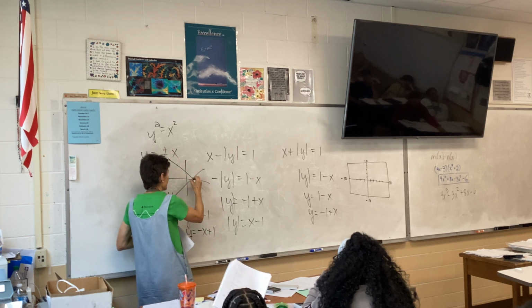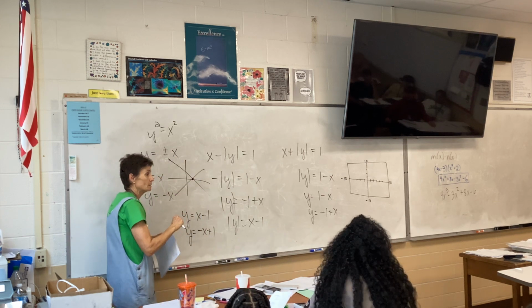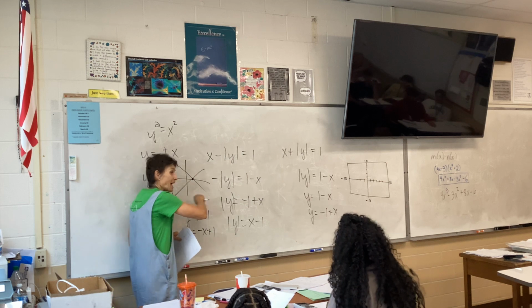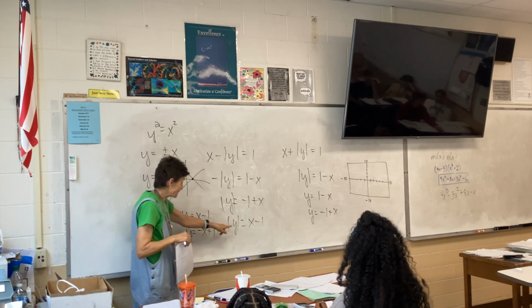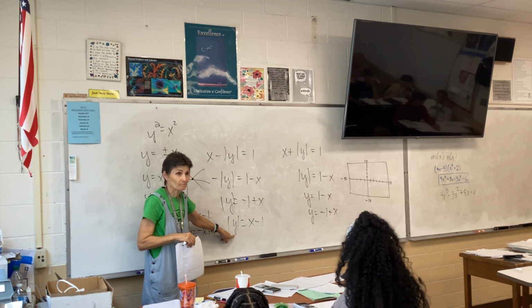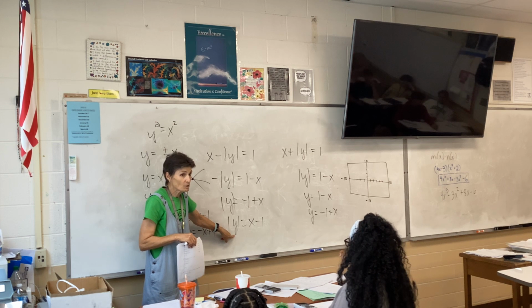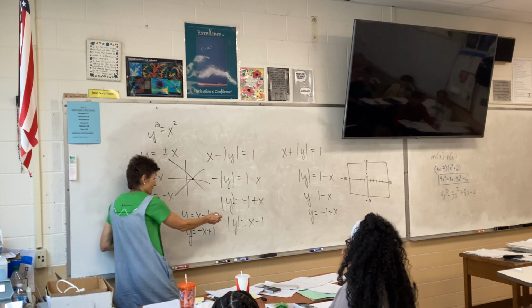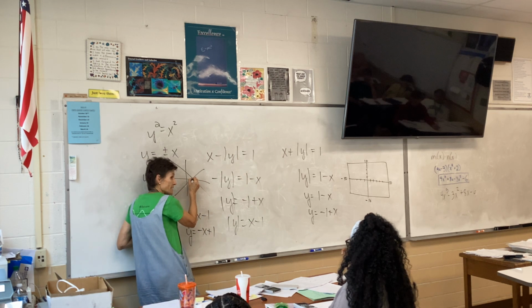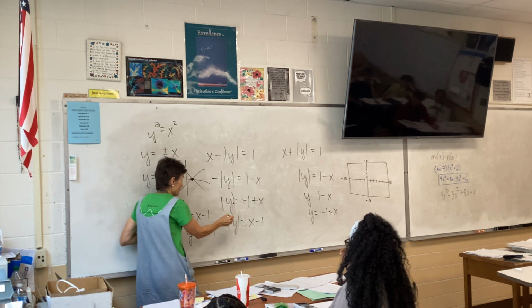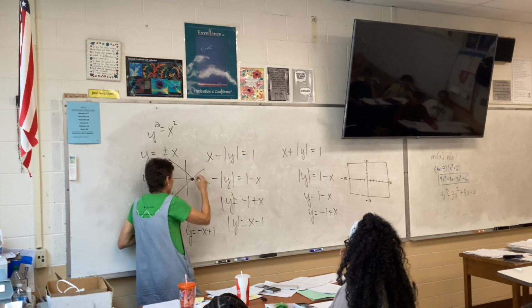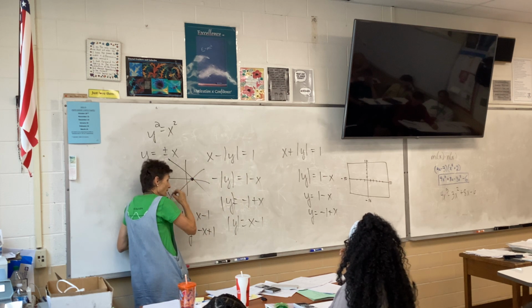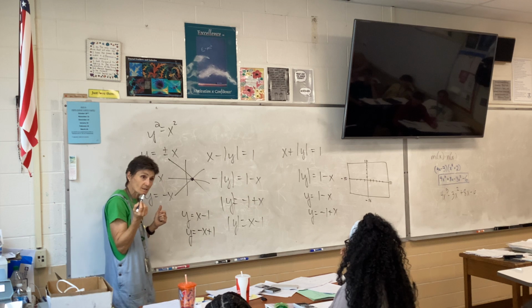So when I draw these lines, I get an X. But what did I say this shape was supposed to be? It's supposed to be a V. So the V hinges on this point right here. The V is either this V or this V, and you gotta decide which one it is.